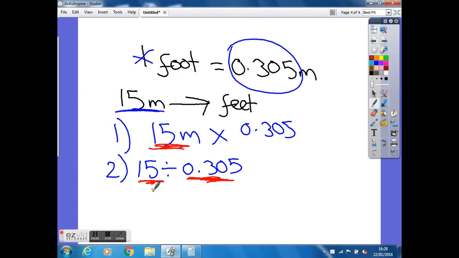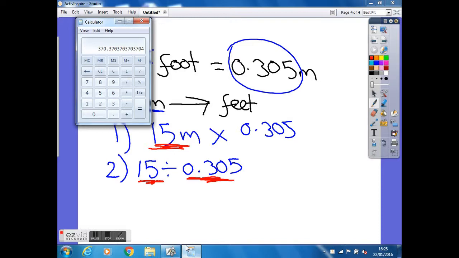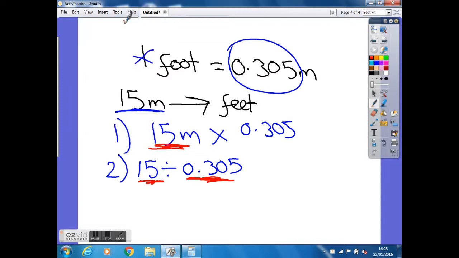So if we get the calculator back up, we can work both of these out now. The first one, again, 15 times 0.305. Oh, I've put in 5 there by accident. 15 times 0.305. That gives you 4.575, so that is going to be 4.575 feet.